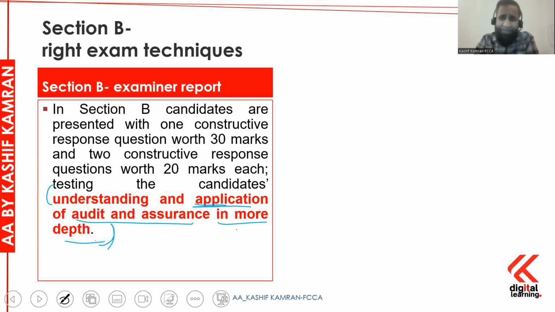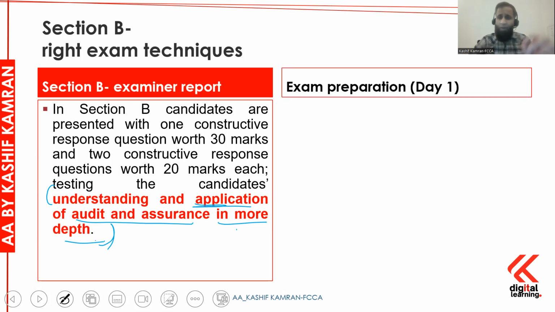Mostly ethics is in section A in OT questions, just as we saw in the mock exam. But sometimes, rarely, we do find ethical threats and safeguards coming in section B, along with corporate governance weaknesses and recommendations.